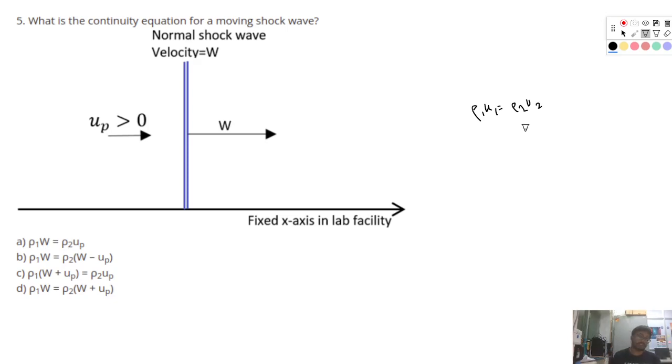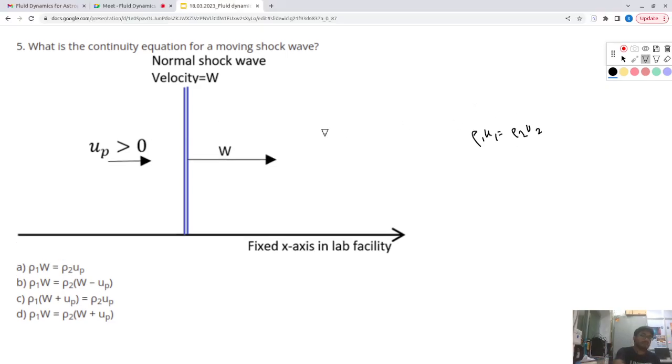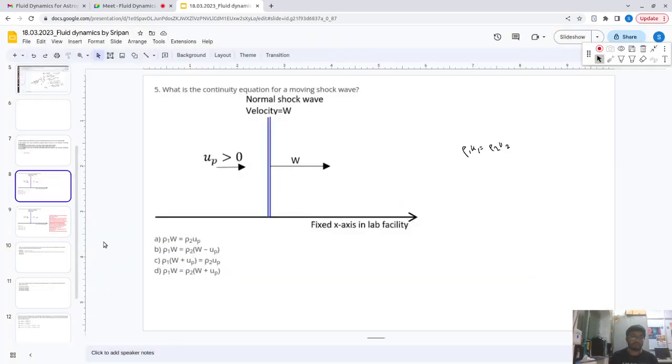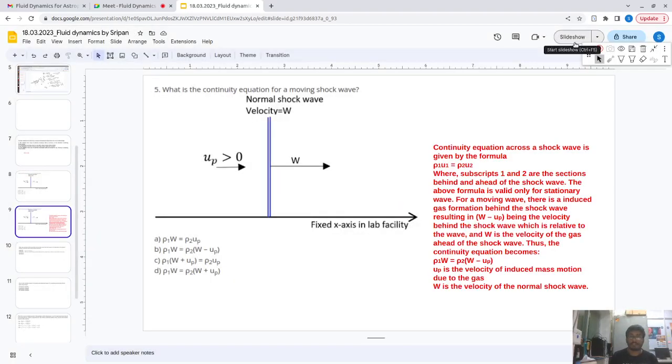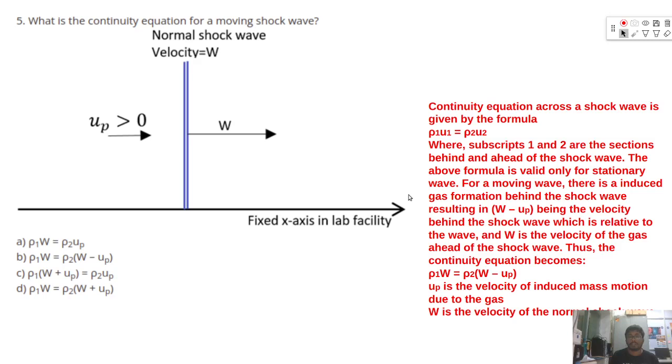Now if the medium itself is moving as well as the shock wave is moving, it will be clear from this explanation that the continuity equation across a shock wave is given by this formula, rho 1 u1 equals rho 2 u2. Subscripts 1 and 2 are the sections ahead of and behind the shock wave. The above formula is valid only for a stationary wave.